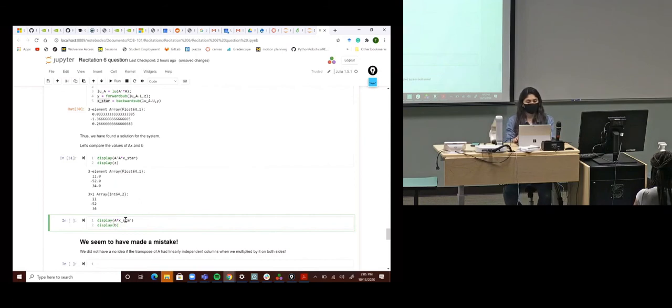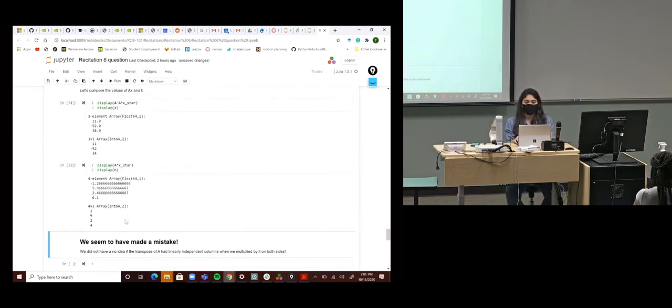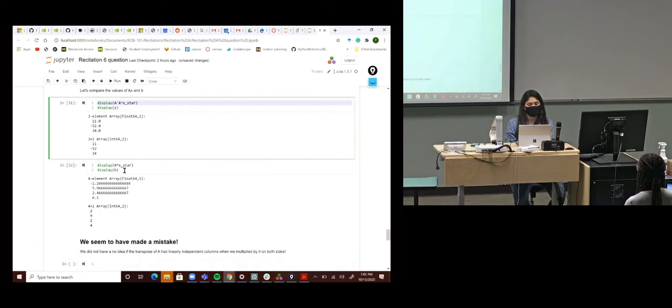Does it also solve this system of equations? It doesn't, and it wouldn't, because it was supposed to be an approximate solution, not an exact solution. It solves this system of equations, but it's not the same as solving this system of equations.